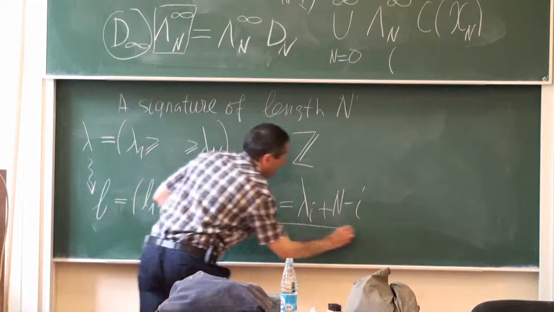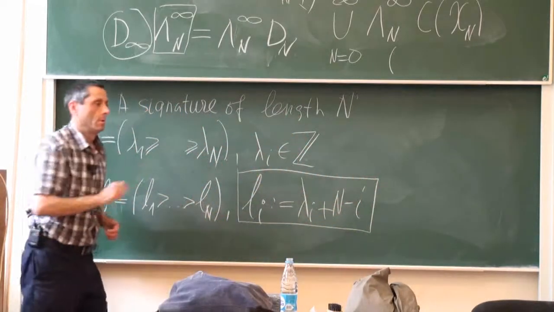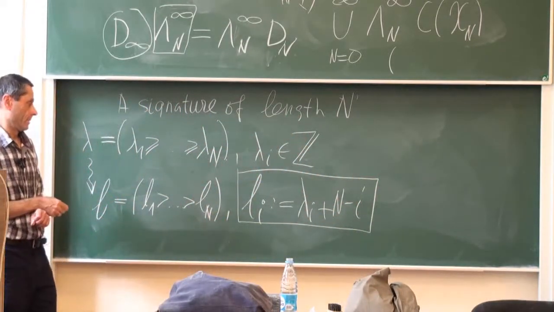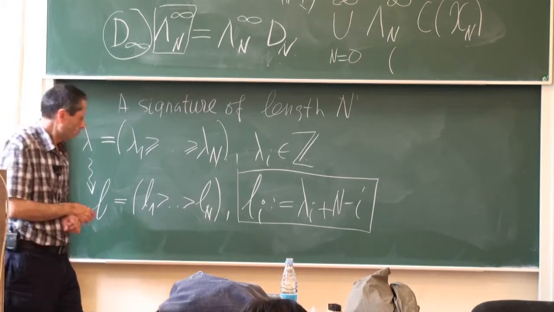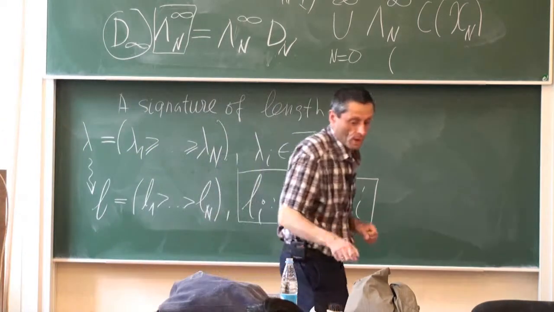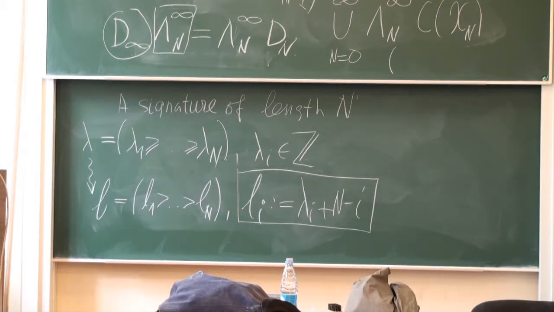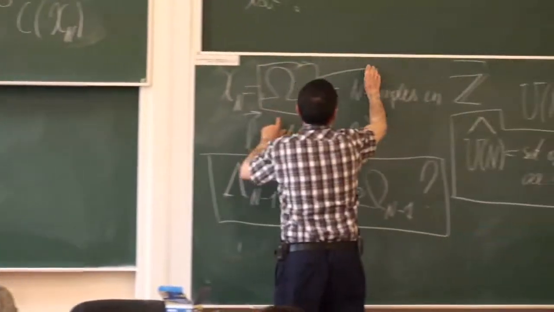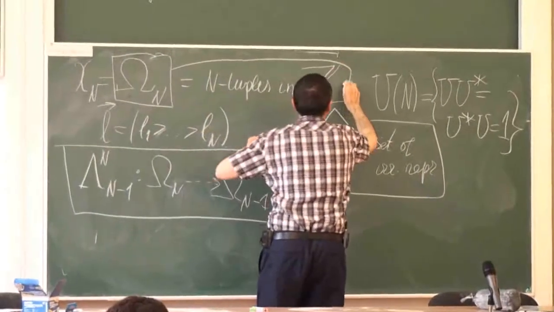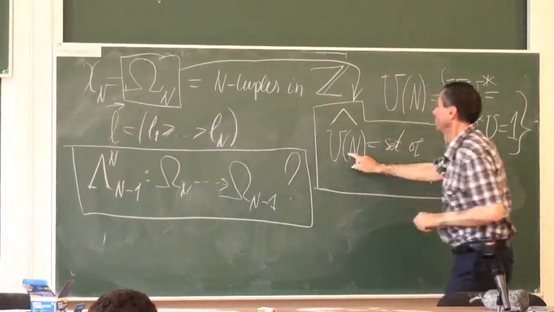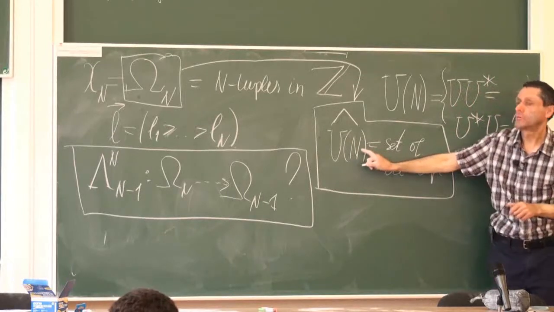The same relation already appeared in the talk of Alexei Borodin. So we can say that our set omega sub n is the set of parameters of a dual object for the unitary group.